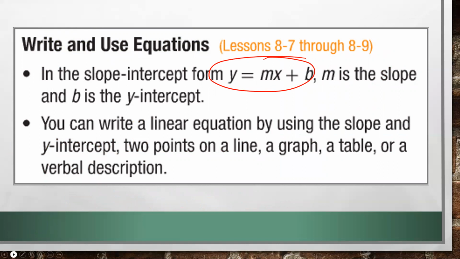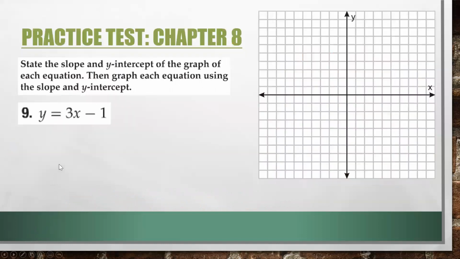Okay. So here it says state the slope and y-intercept of the graph of each equation, then graph each equation using the slope and y-intercept. Okay, so remember that equation is y equals mx plus b. So b is the y-intercept and m is the slope.